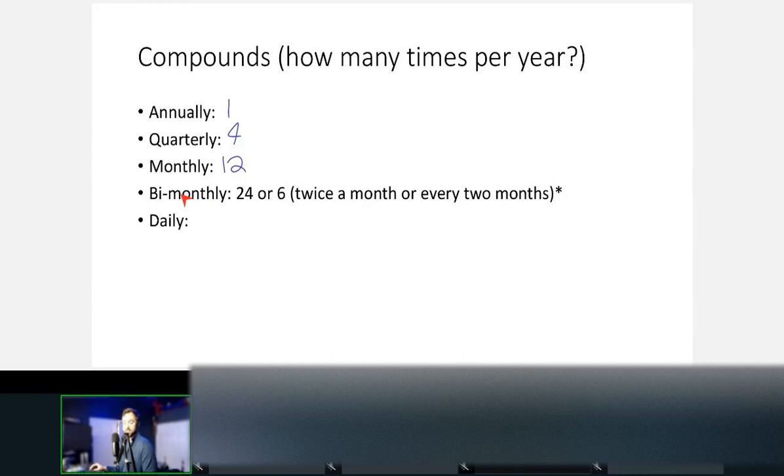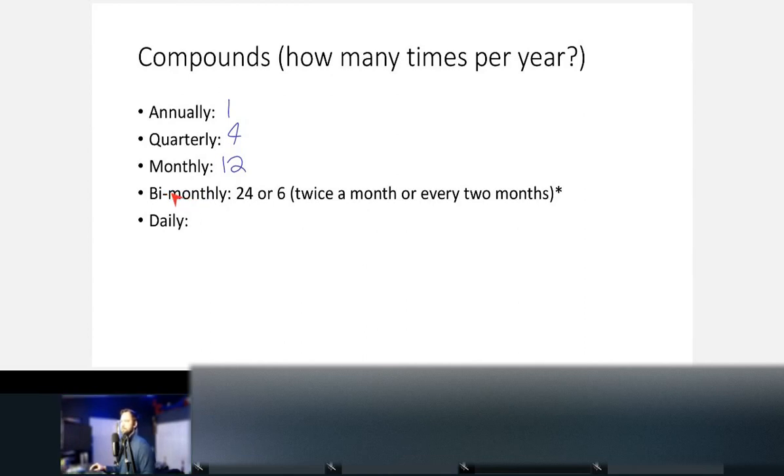The English language is dumb. It's highly doubtful that the modules will give you problems that say bi-monthly, just because it's confusing. Because you're like, well, what do you mean? You mean twice a month or every other month? At least that's what I always think when I see this. Or bi-weekly, I'm like, is that every 2 weeks or is that twice a week? I don't know.